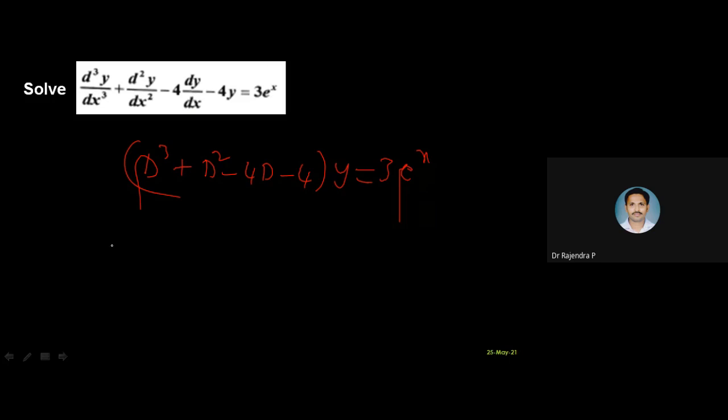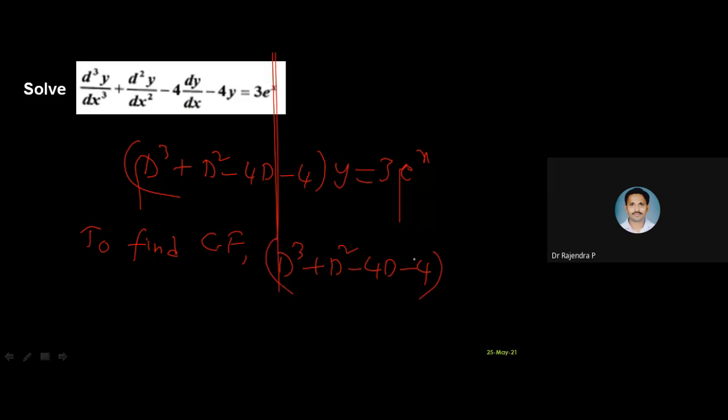So to find the complementary function, we consider D cube plus D square minus 4D minus 4 into y is equal to 0. So what is your auxiliary equation?